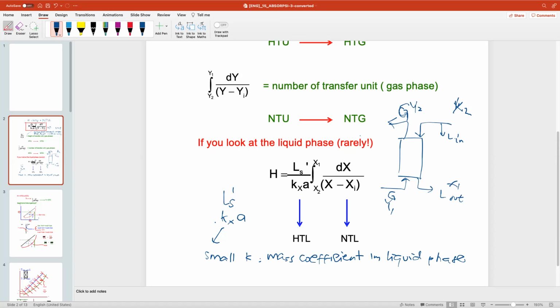X means it's in the liquid phase, and a again is the wetted area of the packing. The reason I say small k is that later on we're going to talk about the overall mass transfer coefficient.